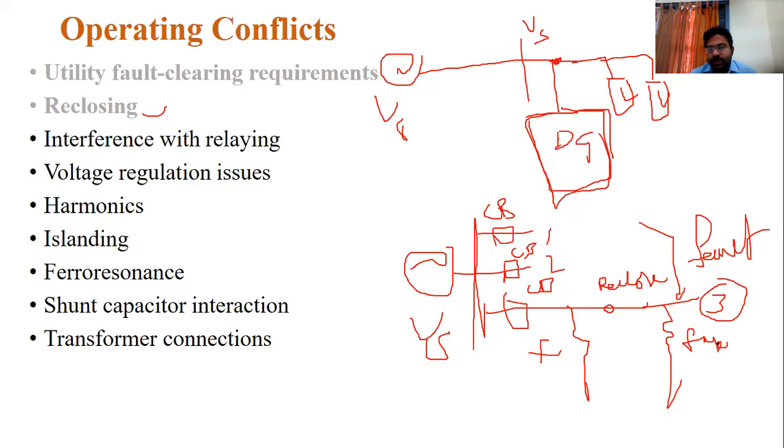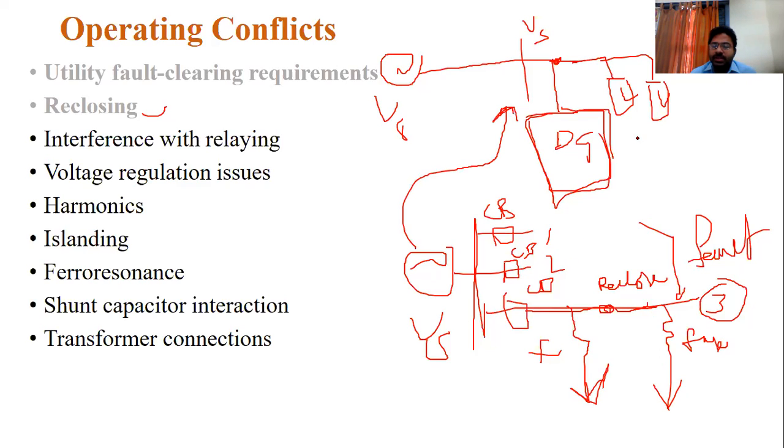First of all, the fuse will activate and clear the fault. If it fails, then it comes to the recloser and then to the circuit breaker. This is the way the fault is cleared, and this is the protection scheme employed in this diagram.